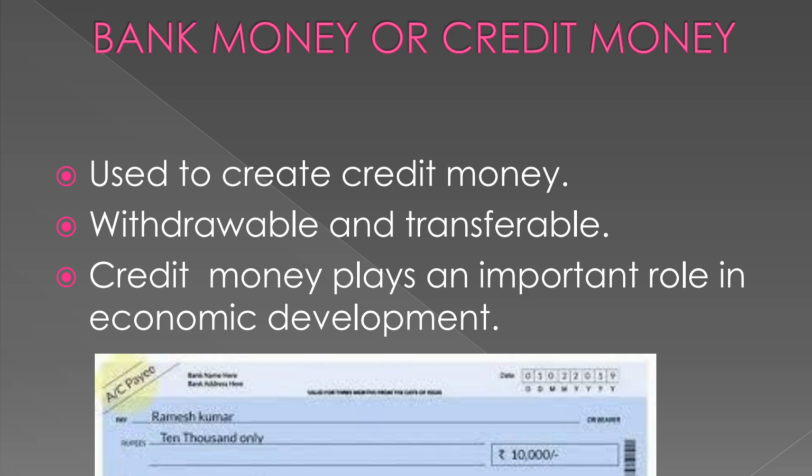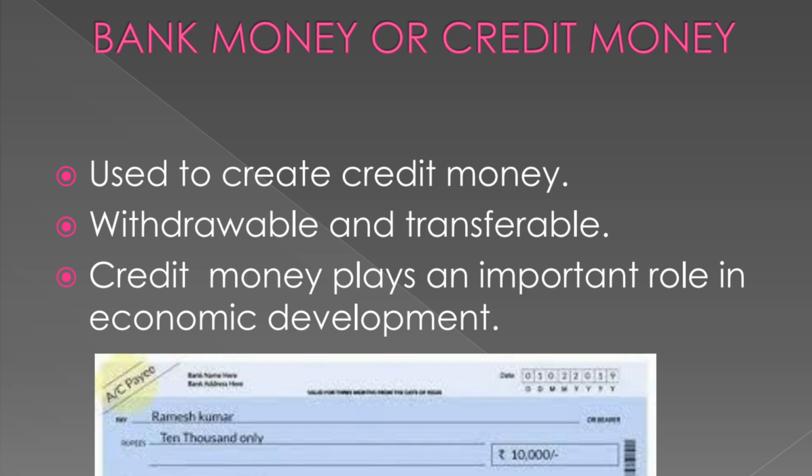Bank money or credit money terms are used in economics and finance to describe the different forms of money in a banking system. Bank money refers to deposits which are in the form of cash saved by the people. It is used to create credit money.